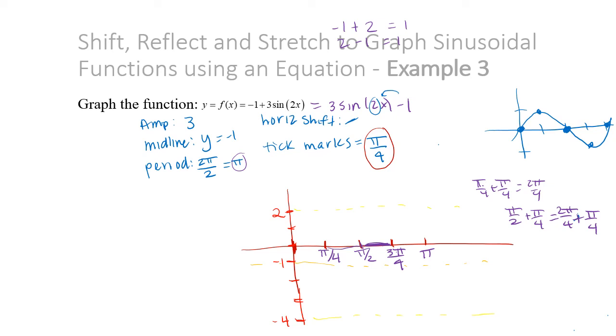So again, for the sine function, you start at the midline, end at the midline, in between you're at the midline. In between these two, you're at the maximum. In between these two, you're at the minimum. There you go.